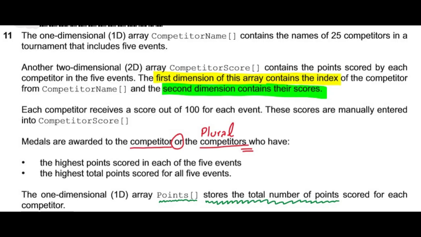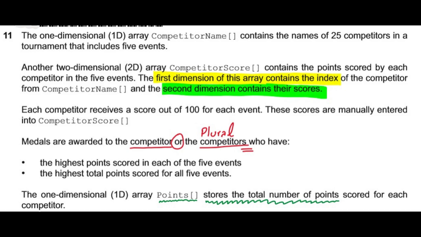The first dimension in an array is considered to be the row, and then we consider the column. So row is going to store the index of the competitor. So each row is going to store the index, the number of competitors, and the second dimension contains the score. So the column is going to store the scores.